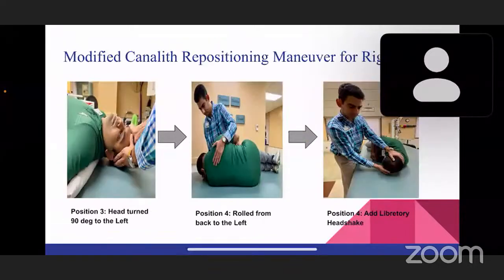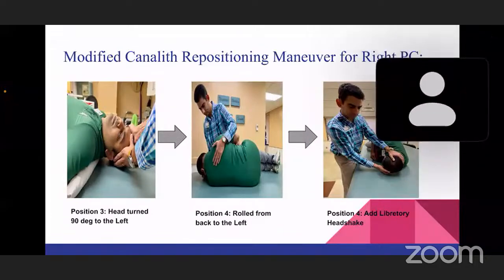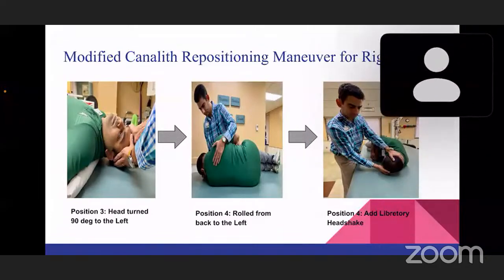Then we did a modified canalith repositioning for the right posterior canal. We turn the head 90 degrees to the left in position 3. From there, we roll the body from supine, meaning on the back, to the left, keeping the rotation of the head at the same time by supporting the head.